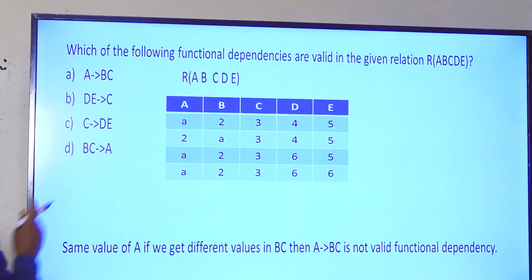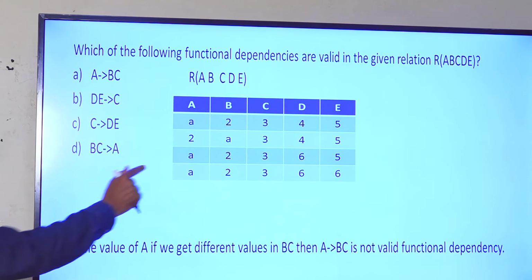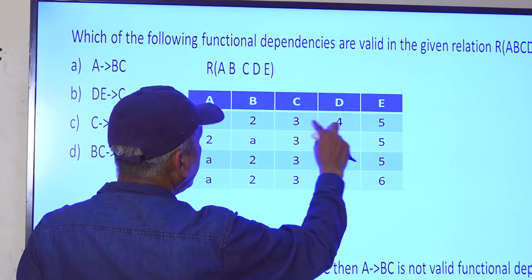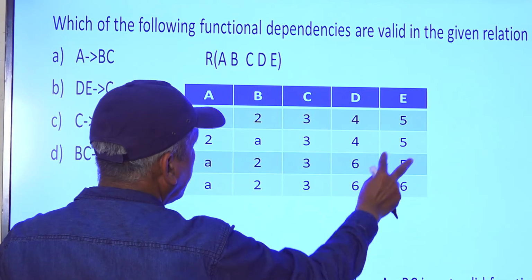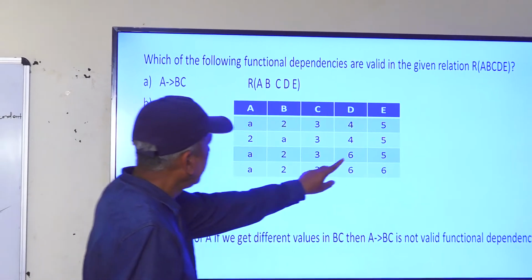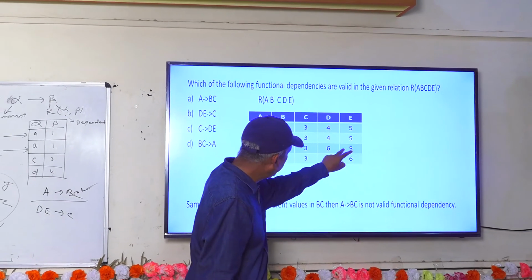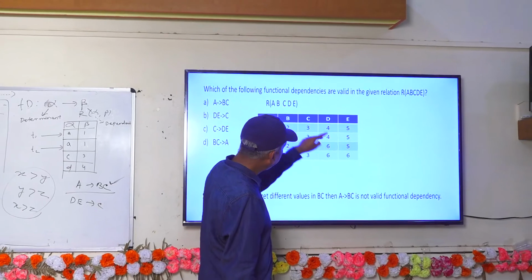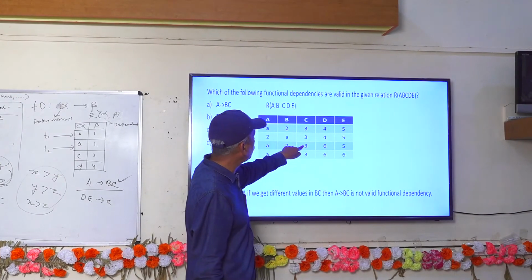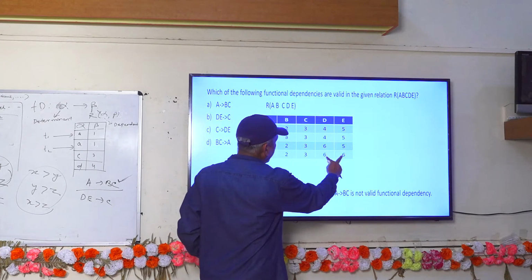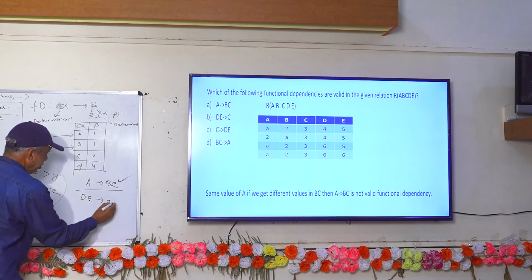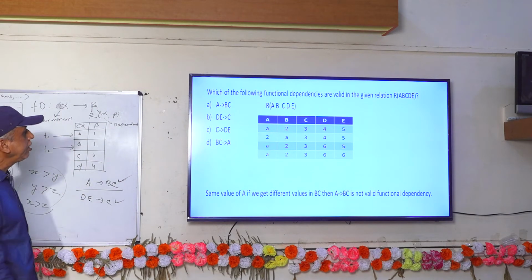From this, DE 4, 5 is 3, this 4, 5 is also 3, and that is the same, and 6, 5 is also 3. That is valid because different alpha values may point to the same value. So that is also valid. 6, 6 is also 3. So DE produces C, that is a valid functional dependency.